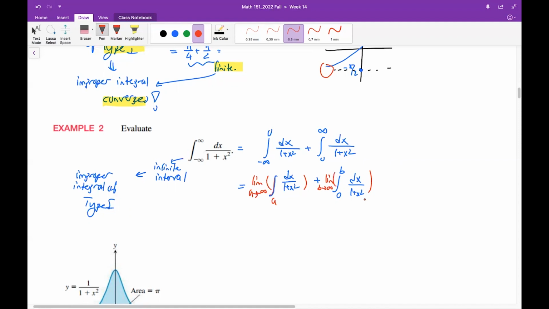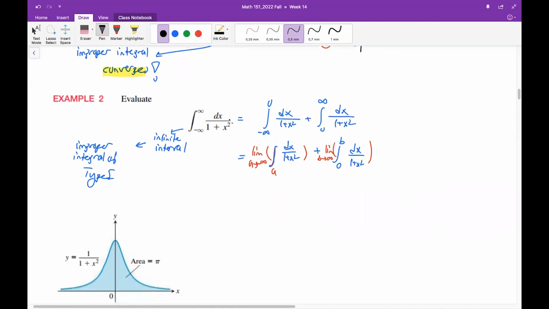After handling the integrations, we need to take limits. So let's keep computing. Limit as a goes to minus infinity. What is the result of this integral? It is, of course, arctangent x from a to 0, and similarly for the other term, as b goes to infinity.